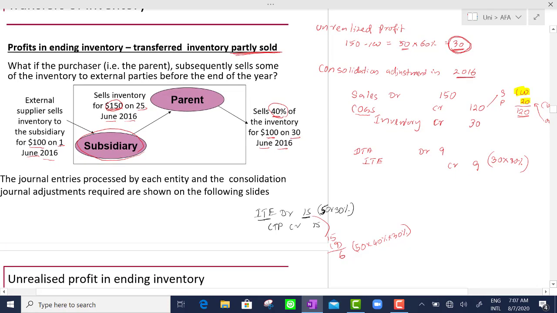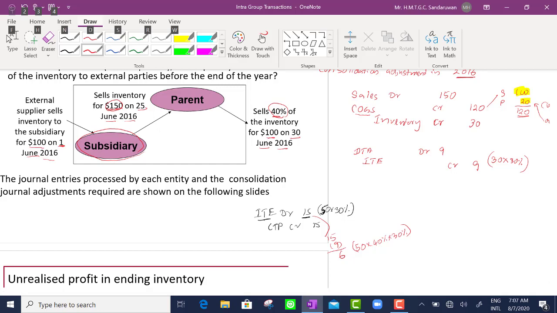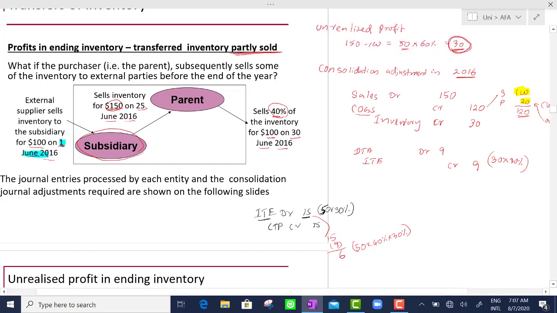Inventory was purchased on 1st June 2016, sold to the parent company on 25th June 2016, right, and sell 40% of the stocks on 30th June 2016 to external customers. එතකොට මේ තුනම සිදු වෙලා තියෙන එකම අවුරුද්දේ. All these transactions have been occurred in the same year.